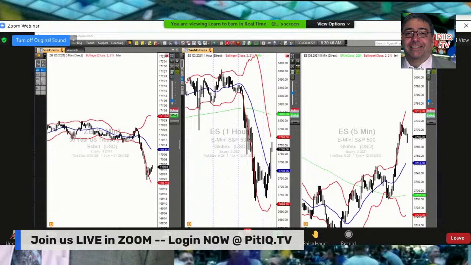New home sales now coming out here at 9 with leading indicators. Both of those could be market movers, especially since it looks like we're a little sensitive to the numbers this morning. So we'll see what happens.